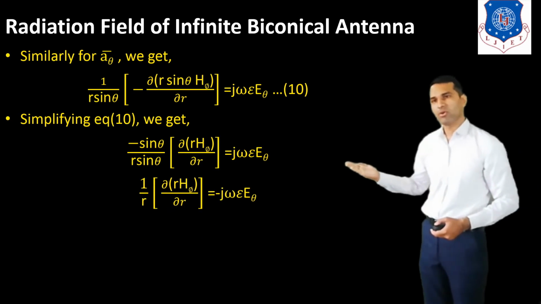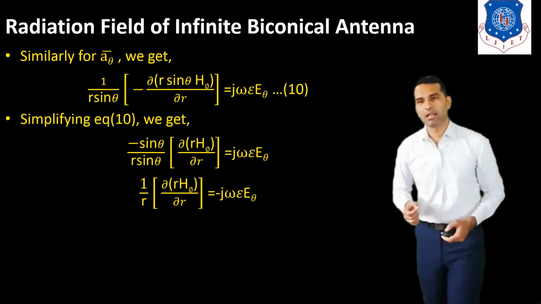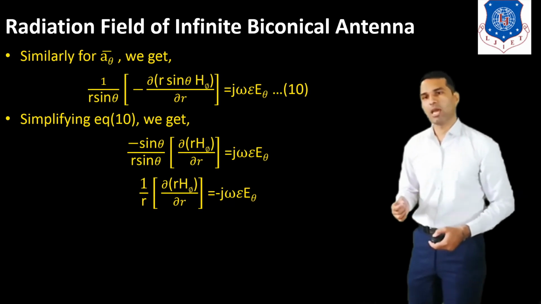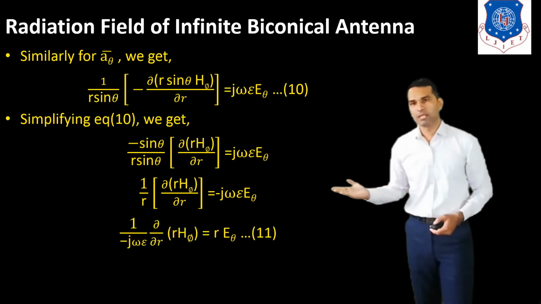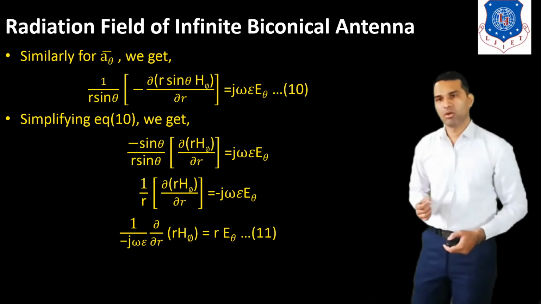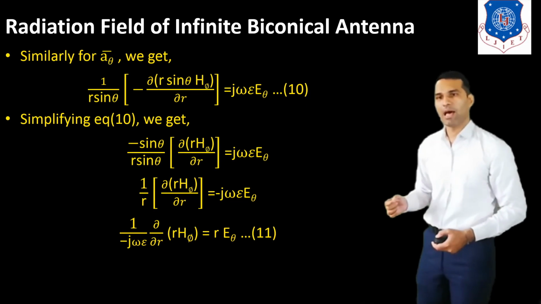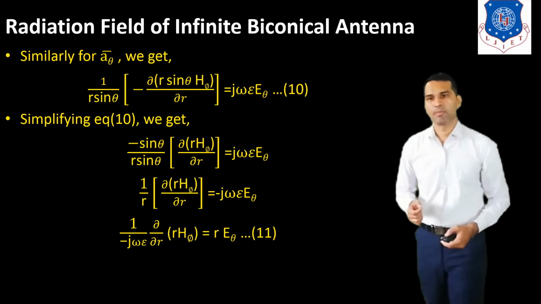Further simplifying, we can write 1 upon r del r H phi upon del r is equal to minus j omega epsilon E theta. So we can write this equation as 1 upon minus j omega epsilon del by del r H phi equals r E theta.